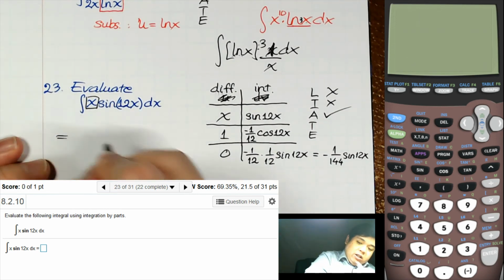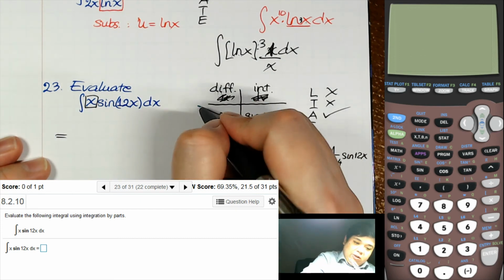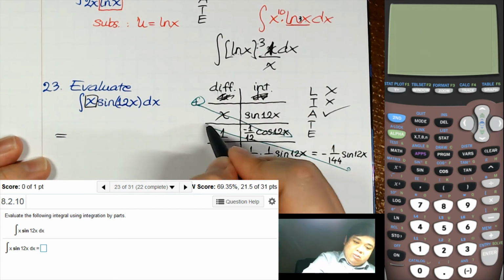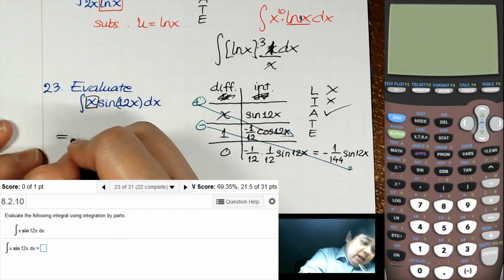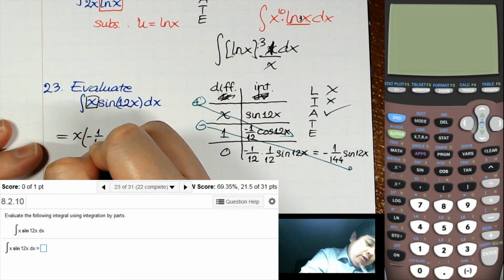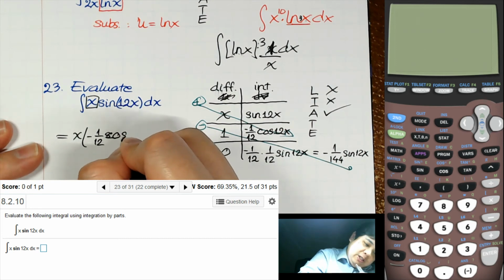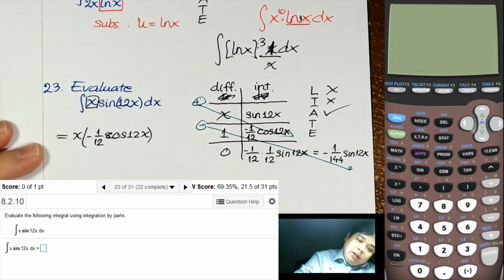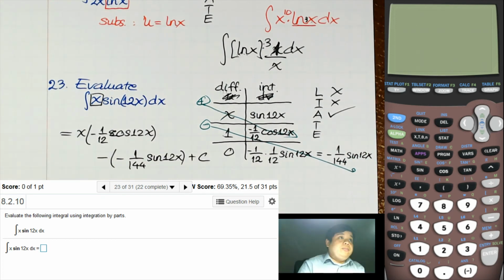And in integration by parts, we will use the diagonals. The first one is plus, the second one is minus, and alternating going forward. x times negative 1 over 12, sorry, cosine 12x. And then 1 times that, so minus negative 1 over 144 sine 12x plus c.